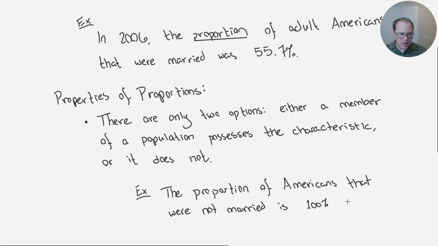That includes all of them. And if we subtract away the proportion of Americans that are married, we're left with the proportion of Americans that were not married. So in this case, that's 44.3%.